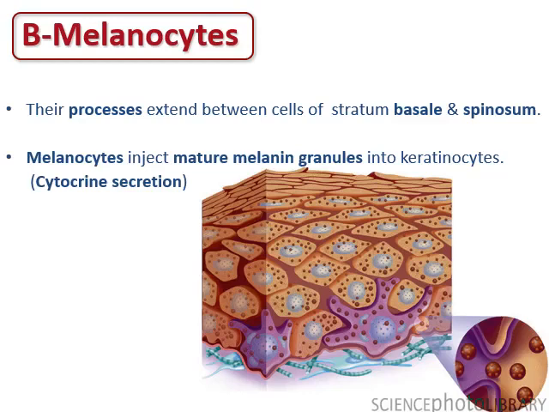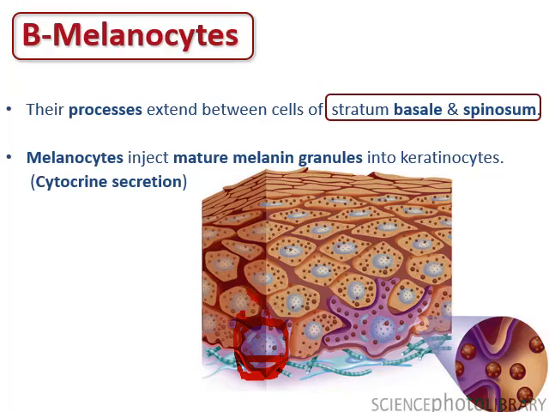As I said before, the melanocyte is present in the stratum basal resting on the basement membrane and attached to the basement membrane by hemidesmosomes, and its processes extend between the stratum spinosum layer. As it forms the melanin pigment or melanin granules, it injects them into the keratinocytes by cytokine secretion.